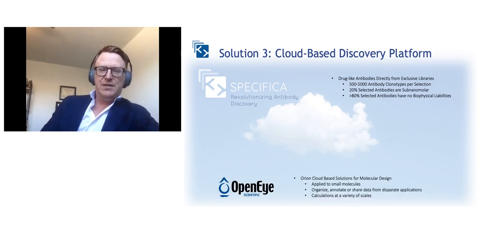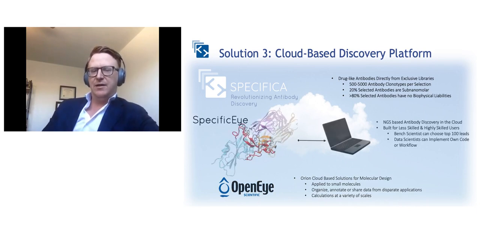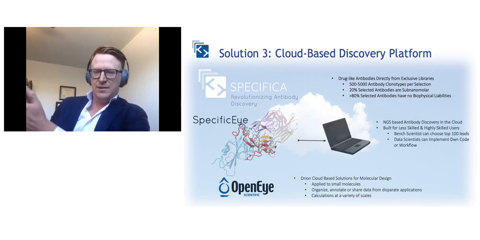But we've also teamed up with OpenEye Scientific that specializes in state-of-the-art software packages. They're more applied to small molecules at the current moment, but by teaming up, we're building a Specifica platform, and we have built it in order to use antibody discovery in the cloud. And this is built for a broad range of audiences.